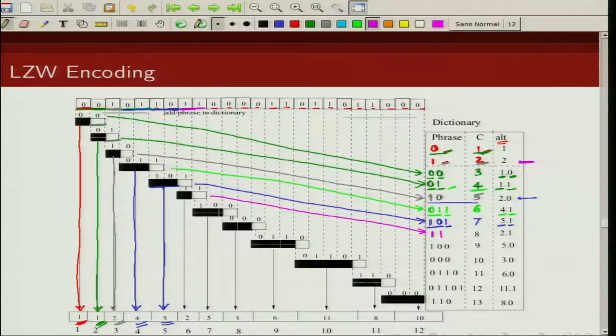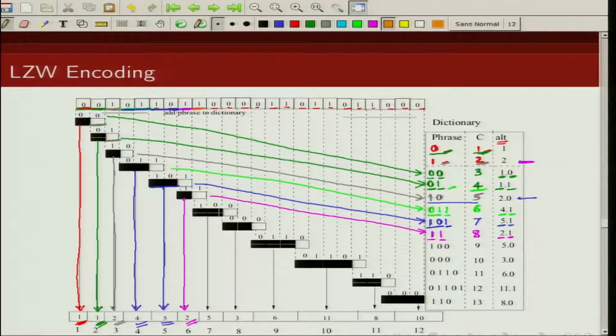That's code word indexed by 8, and this can be written as concatenation of 1 with the innovation symbol 1, and this 1 corresponds to code word 2 concatenated with innovation symbol 1. So we are going to code 1 then, which corresponds to code word number 2.